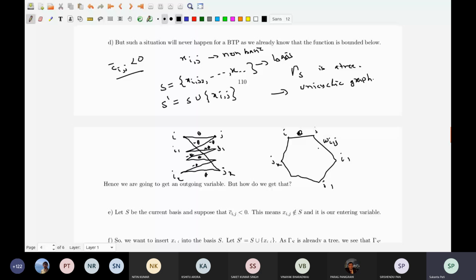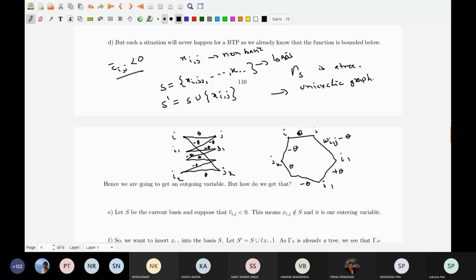Then here you increase theta, here whatever was the solution, decrease minus theta. This has to be done so that the system of constraints remains satisfied.